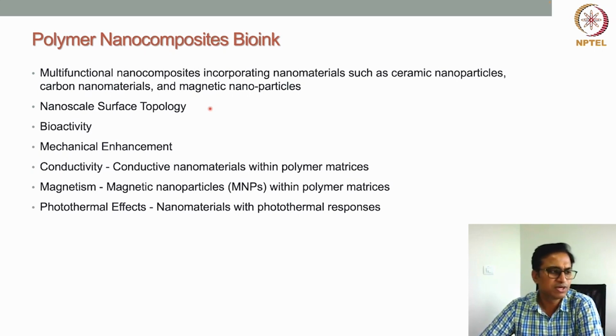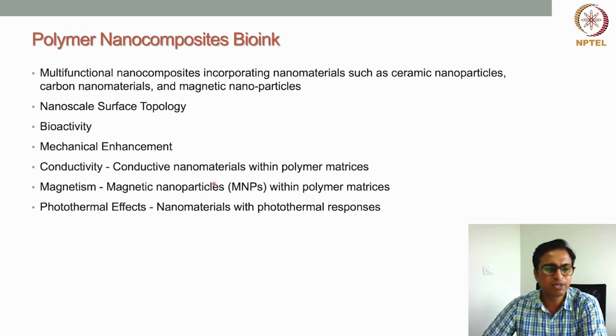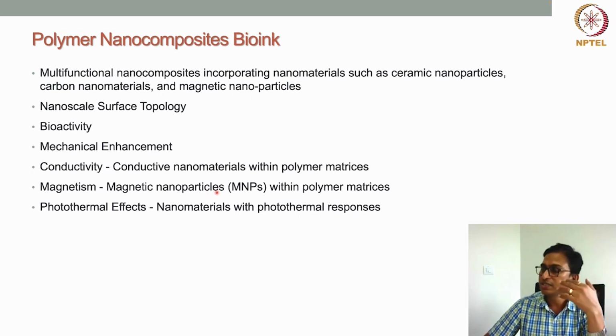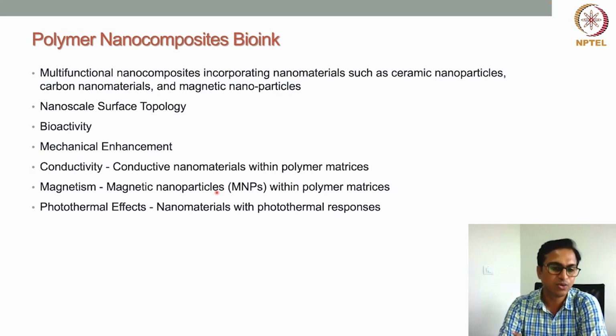Another way to improve functionality is by incorporating magnetic nanoparticles within polymer matrices. When magnetic nanoparticles are incorporated within the polymer matrix, they make the structure responsive to a magnetic field. They can also be arranged by an external magnet.